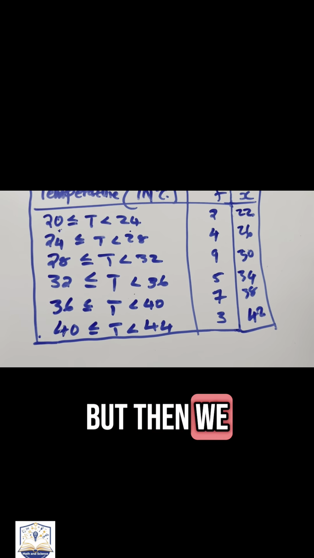But then we need the column for frequency and the midpoint. So we must multiply the two.